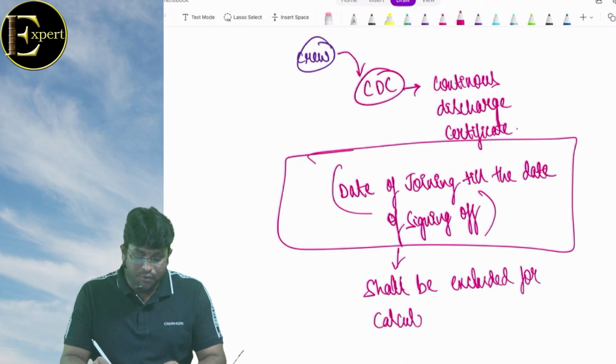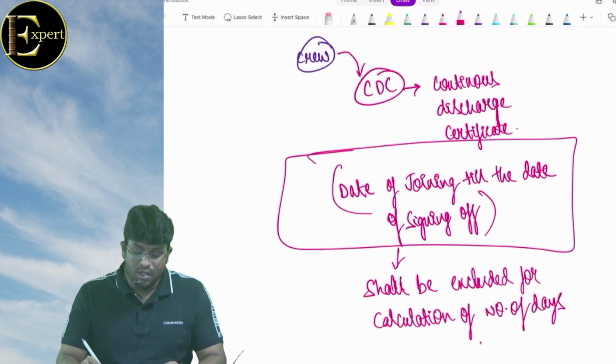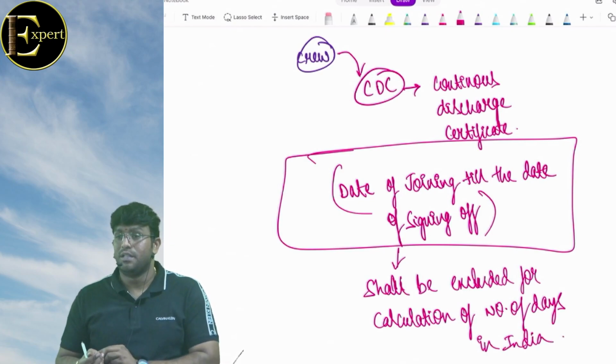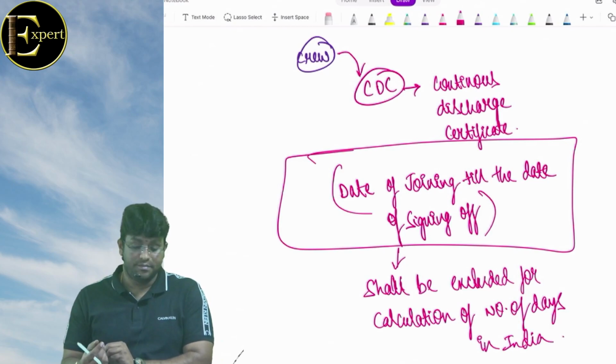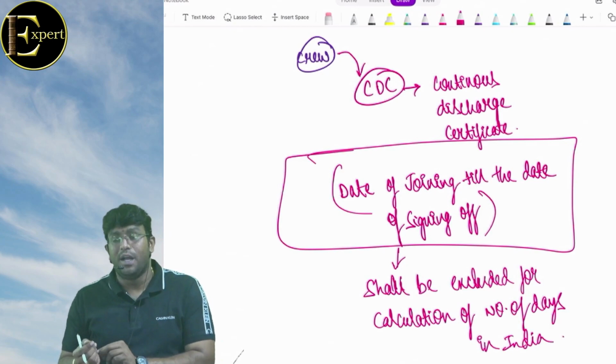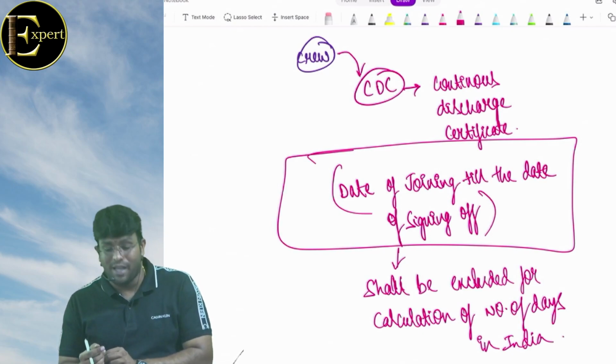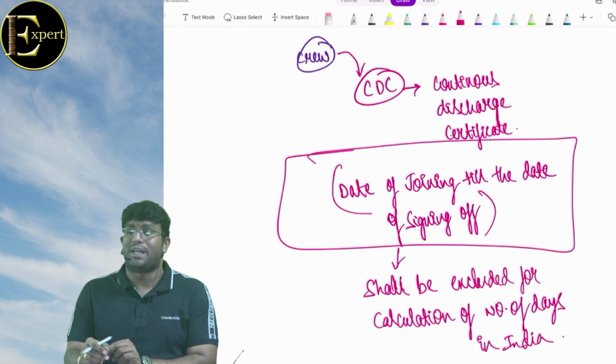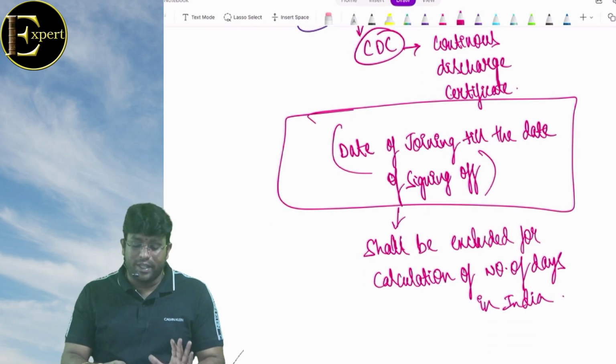Excluded for calculation of number of days in India. बेटा समझ में आया क्या पॉइंट? चलो पढ़ो वापस एक बार. Date of joining till the date of signing off shall be excluded for calculating number of days in India. Now take an example like this, sir.